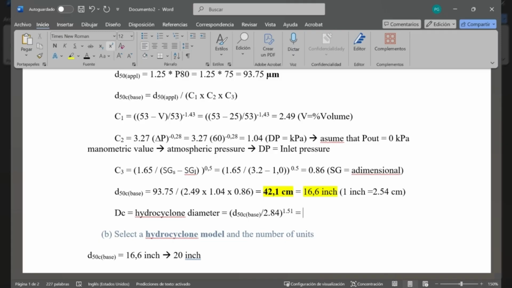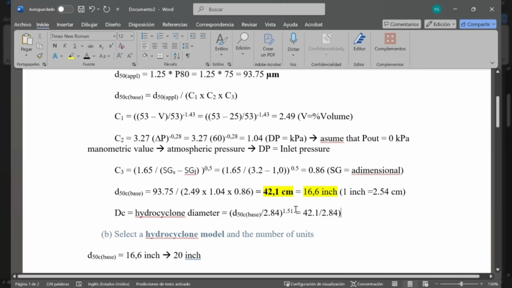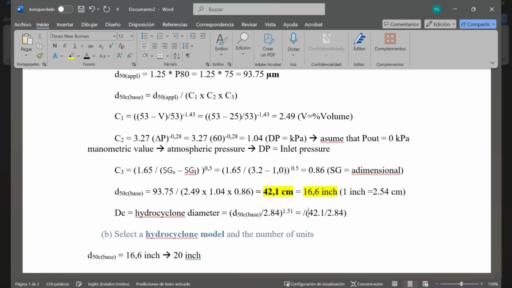Okay, so now I'm back with the calculator. So this number would be, let me put this down over here, 42.1 divided by 2.84, and all of that to the power of 1.51.